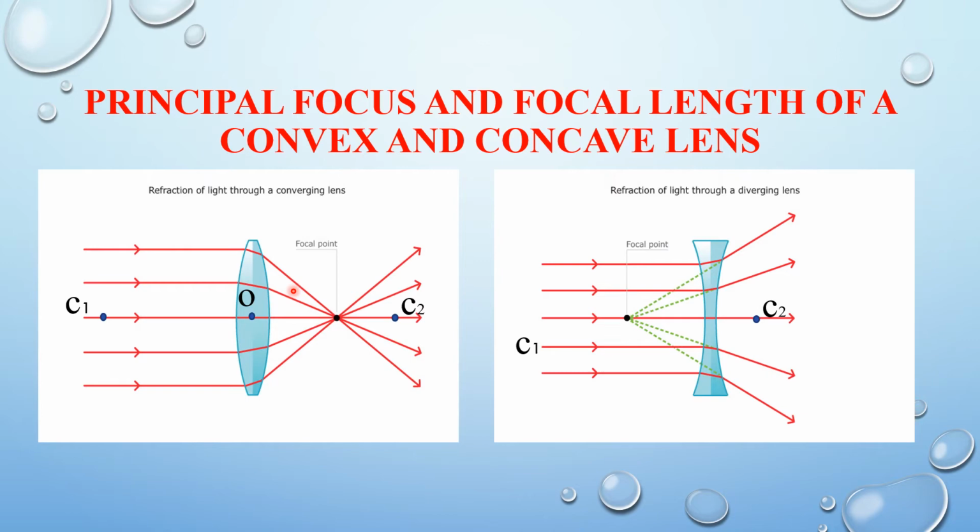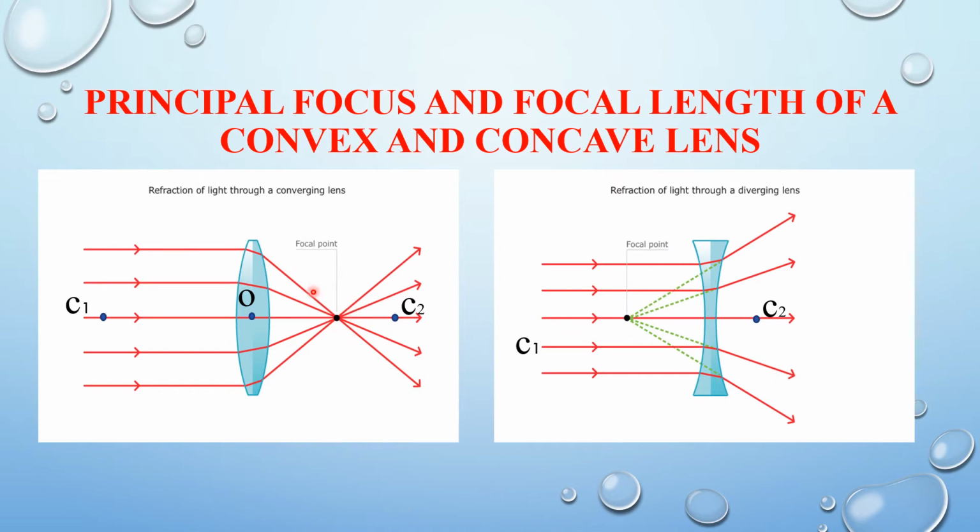Here rays passing through the convex lens get refracted according to the laws of refraction. All the rays close to and parallel to the principal axis, after passing through the lens, pass through a common point which is nothing but the focal point. Here it is shown, right?